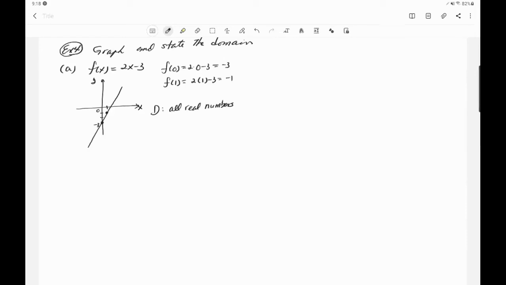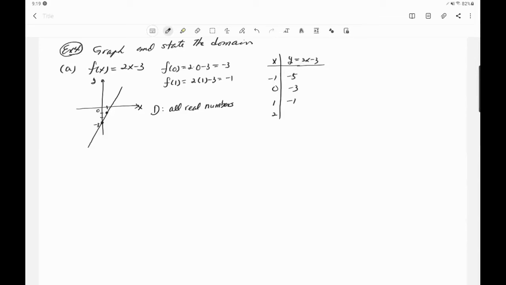So when we graph it, we can write a table, x value and y value, something like this. The x value is the input value, and based on this input value, you can find the output. So if x equals 0, then plug in 0, so -3. x equals 1, then that's -1. x is -1, then what? -5, right?